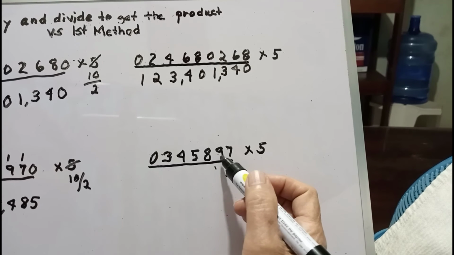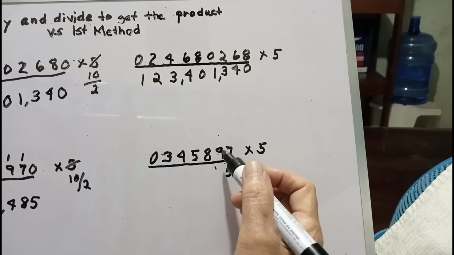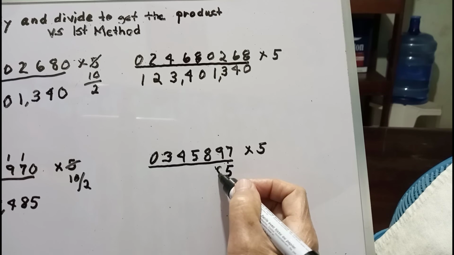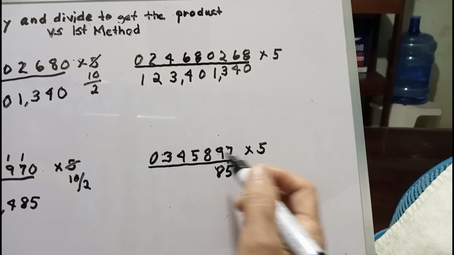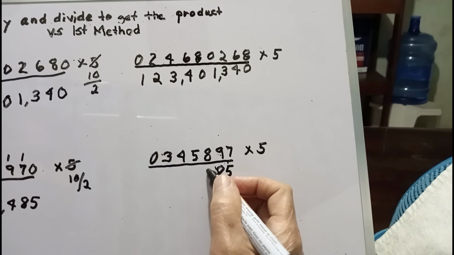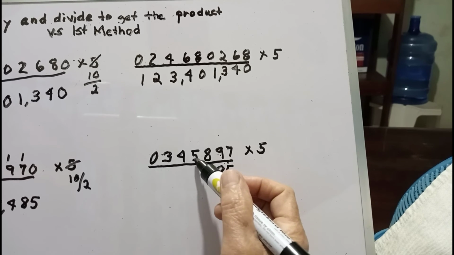So this is odd again. Take 5 plus half of the neighbor. So 5 plus 3, that would be 8. This is even. So half of 9 is 4. This is odd.